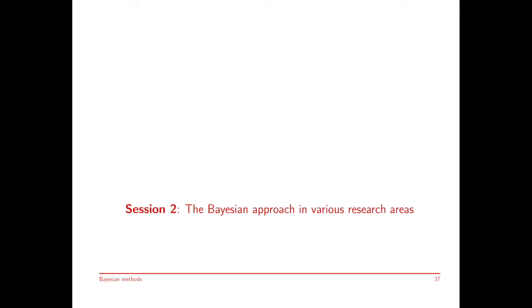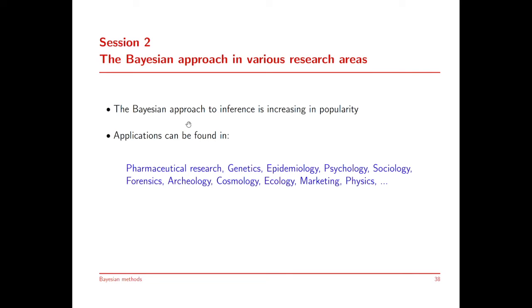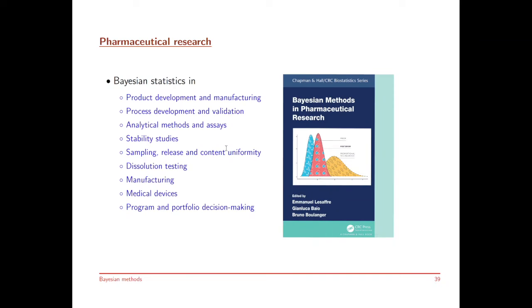And in session 2, we will look at the usefulness and the integration of the Bayesian approach in various research areas. The Bayesian approach to inference is increasingly popular in various application areas, like pharmaceutical research, genetics, epidemiology, psychology, and so on. Let us look at pharmaceutical research.